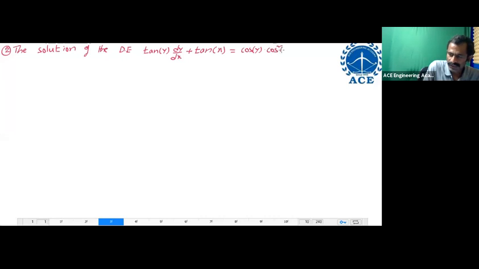The solution of the differential equation tan y into dy by dx plus tan x equals cos y into cos square x is, solution of the equation is.